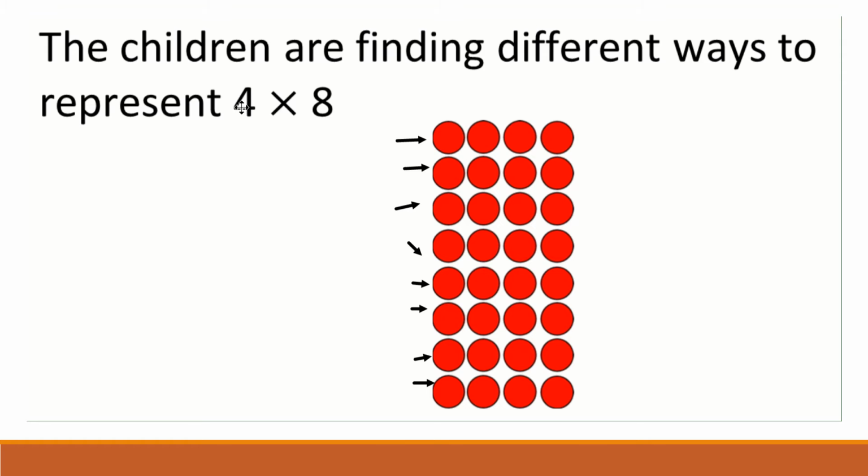So remember, we can write 4 times 8. We can also write 8 times 4. And 8 times 4 is still going to equal 32 altogether. So that's another way of representing 4 times 8.